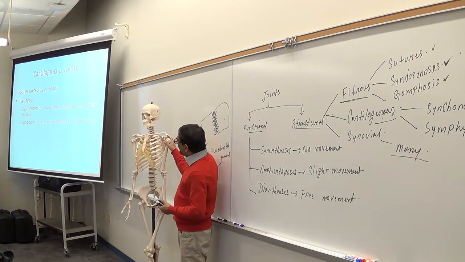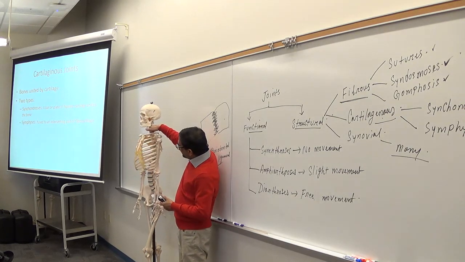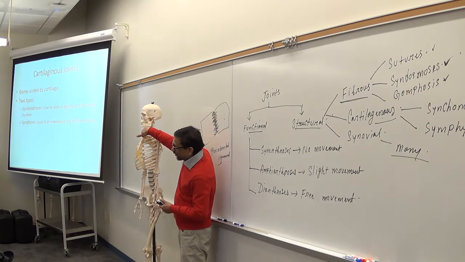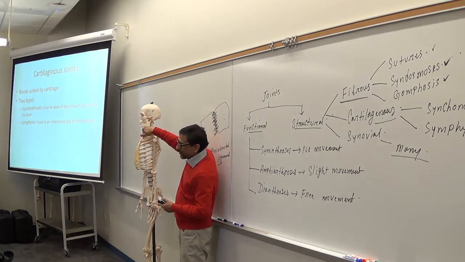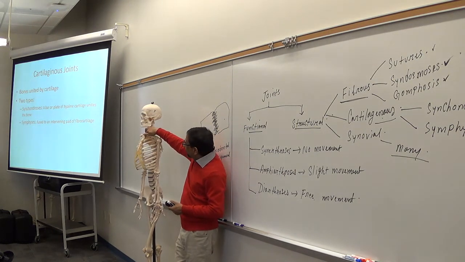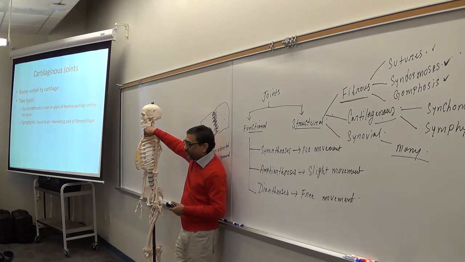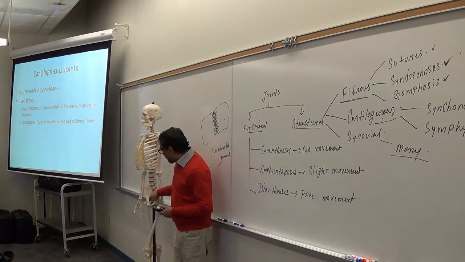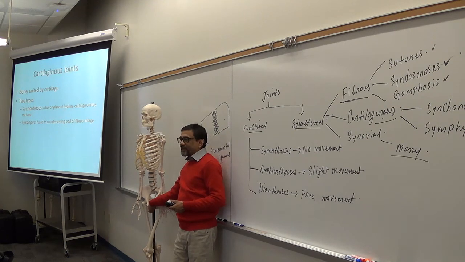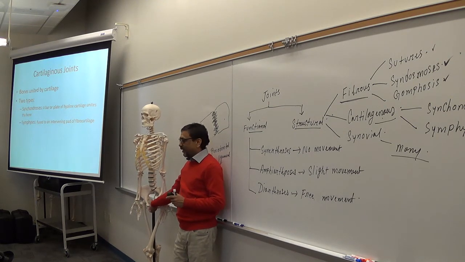Now you tell me, if I ask you, this is first rib and this is the sternum, right? You know that. This is hyaline cartilage. We know that. So this is a synchondrosis. Make sense? Now this one you see here, pubic symphysis. This is a fibrocartilage. It's even called symphysis.